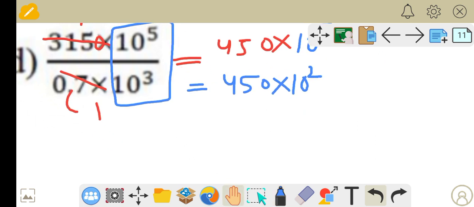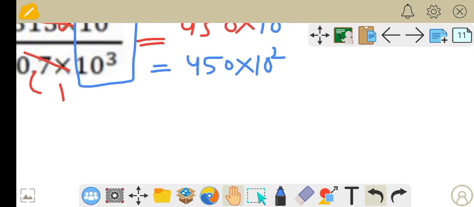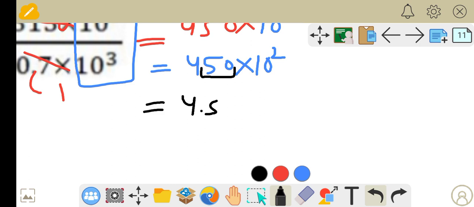Now you are requested to convert the number into standard form, so you need to move this decimal from here to here. So you will write it 4.5 into 10 to the power 2 because of two places, and your basic number 450 is very large compared to 4.5, so this sign will be positive, so no need to write it.